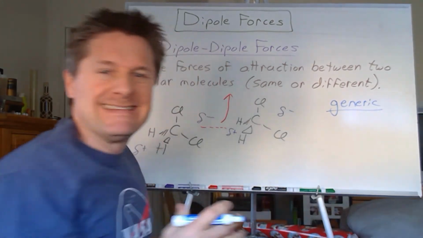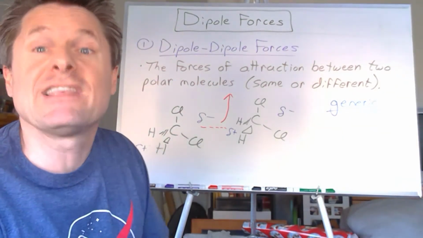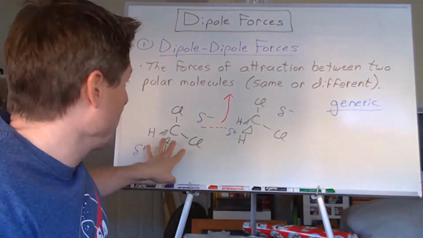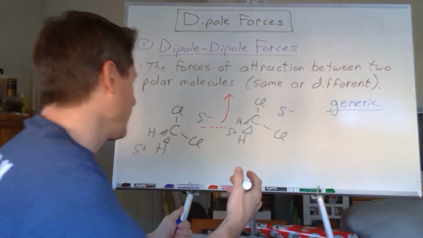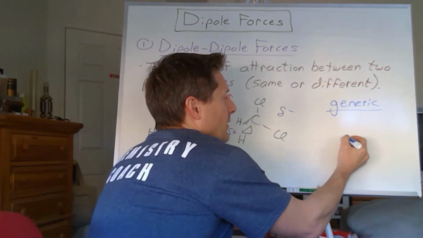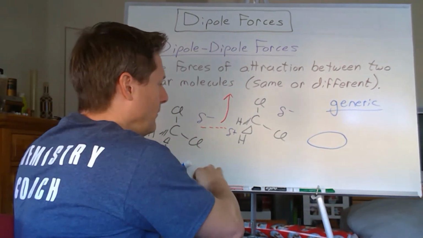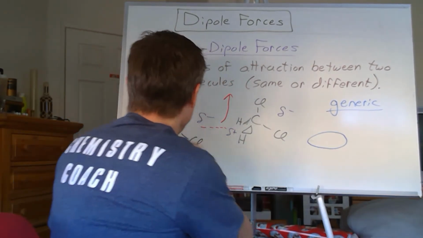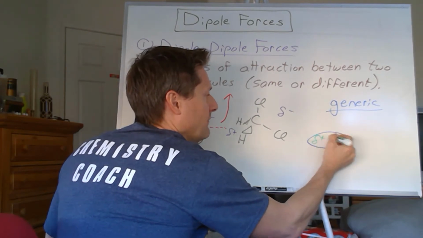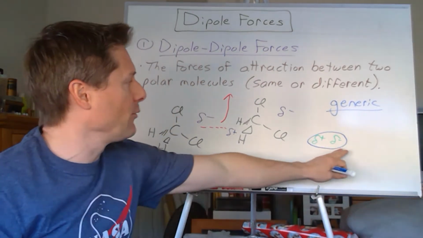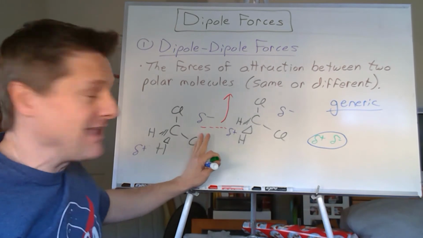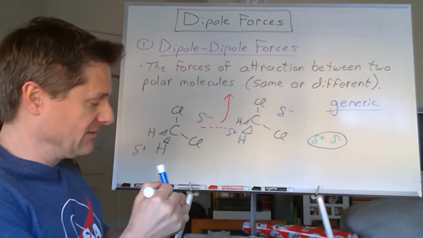So if we want to do kind of a generic look at it, where we don't identify the specific molecule, we just say a generic polar molecule, because drawing that over and over is a pain in the butt. So let's say we've got the partial positive, partial negative. That would represent maybe the chlorine sides of CH2Cl2, and this would represent the hydrogen side.